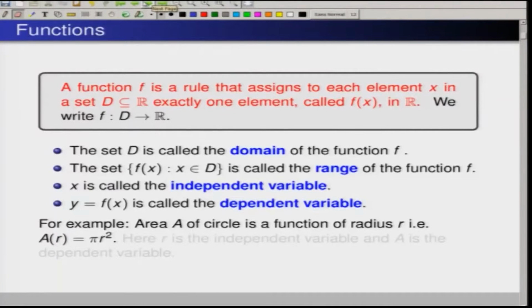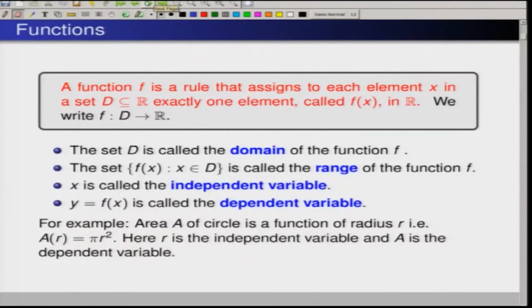So, we can write the area as a function of R, denoted by the formula pi r square. Once we vary R, the area will vary accordingly. Here, R is the independent variable and A is the dependent variable. So, now we have a function, the domain, the range of a function, independent variable and dependent variable.